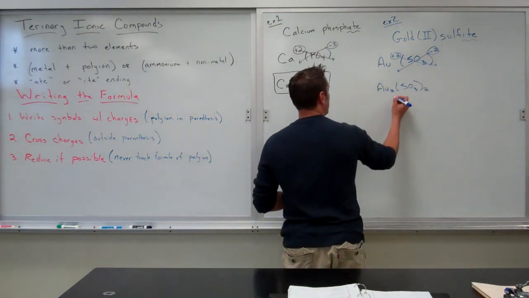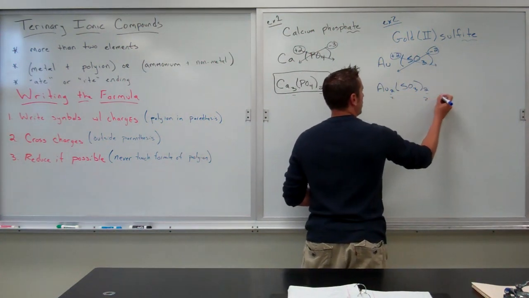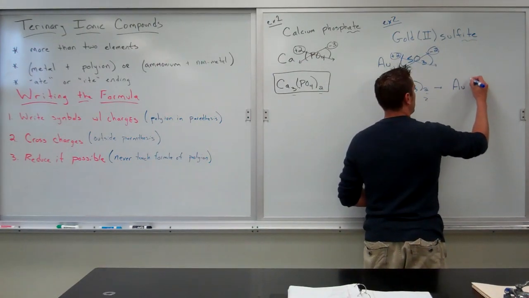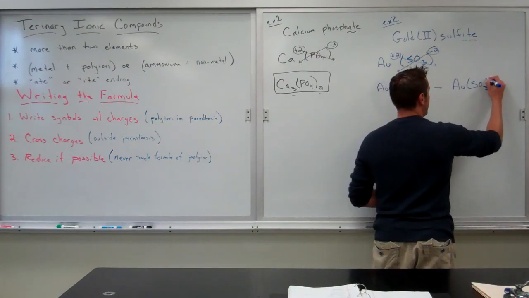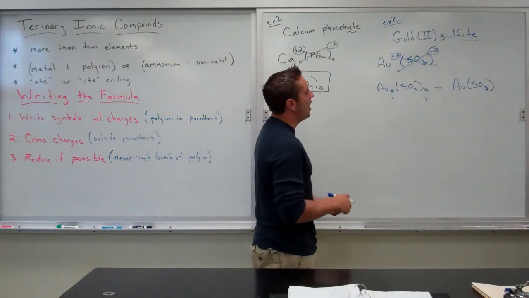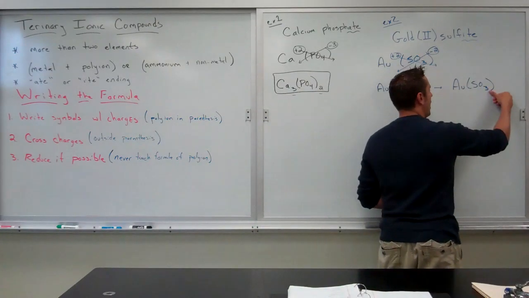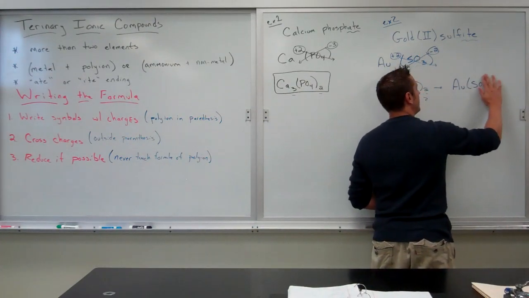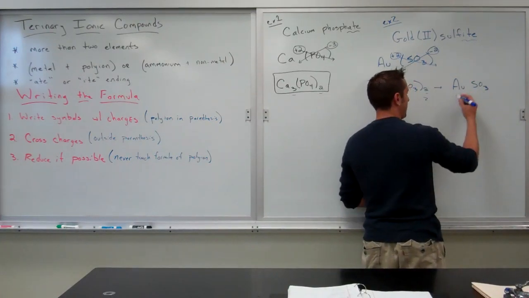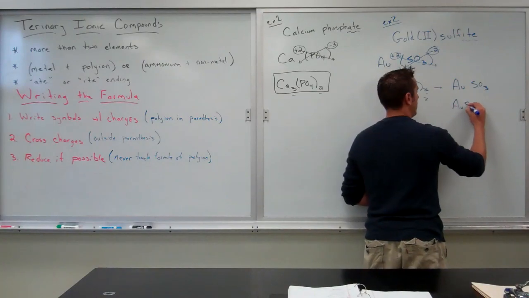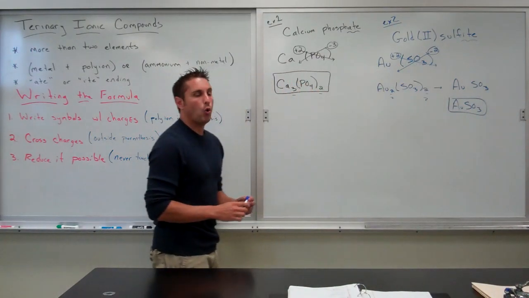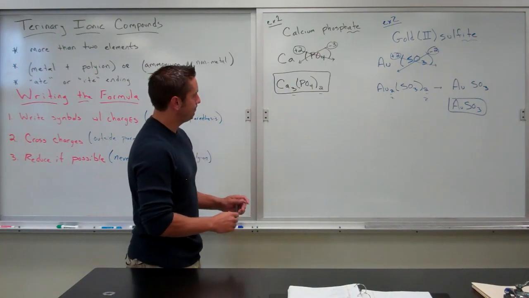They're both divisible by 2, which would lead us to a formula of AuSO3, and it would be 1 and 1, and we never write subscripts of 1, and if we only have 1, we do not list the parentheses. So the correct formula for gold II sulfite would be AuSO3.